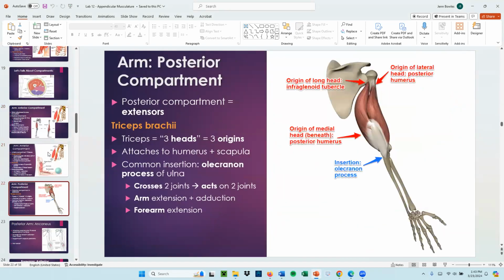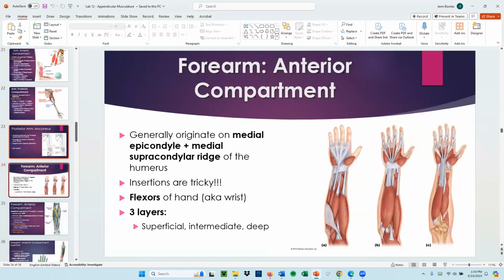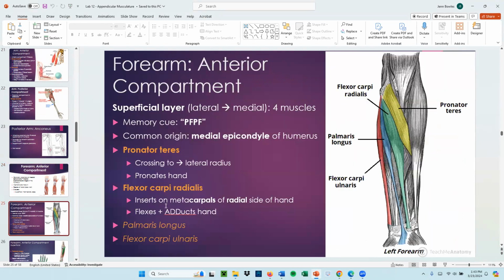So just as with every other muscle compartment, the forearm is divided into muscles with common attachment points and common actions. So we do have multiple layers in each of these compartments, anterior versus posterior forearm, but focus on superficial. It's always going to be superficial in this class.